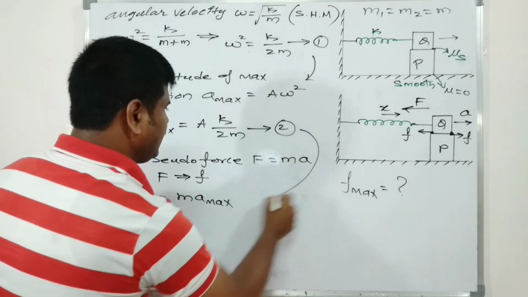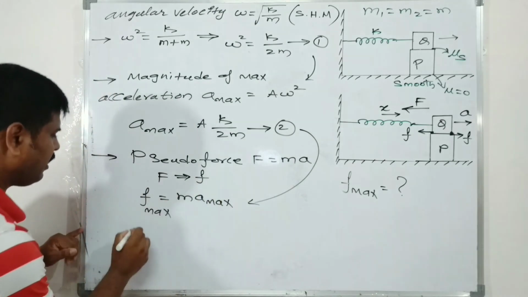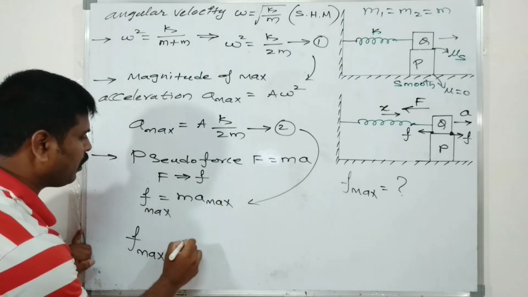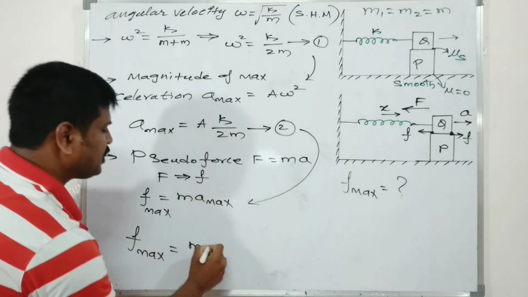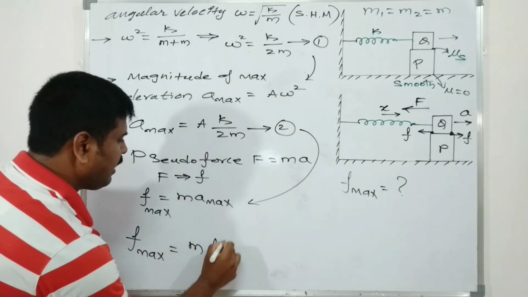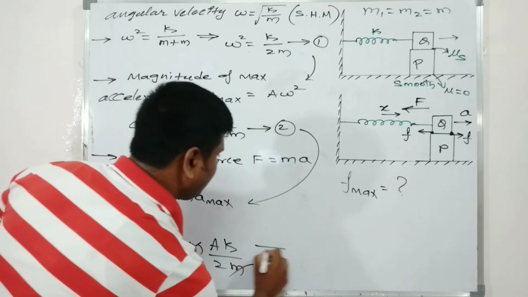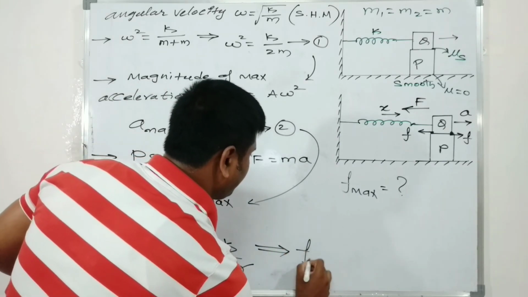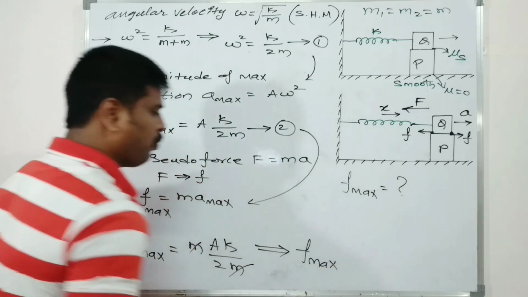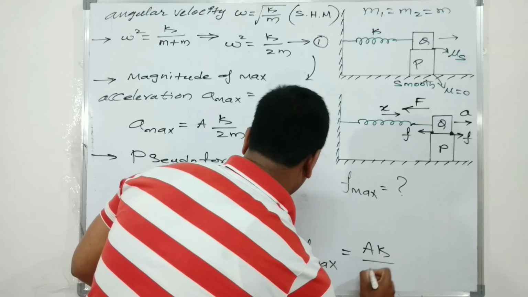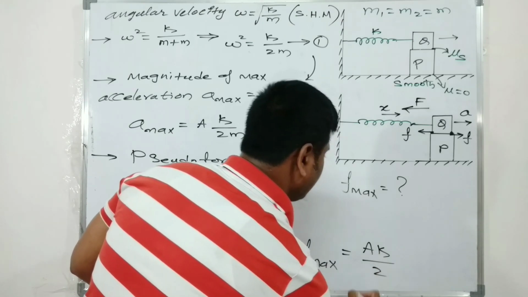Replacing with this equation, we get F max equal to m into A max, which is Ak divided by 2m, and m gets cancelled. Finally we got the maximum frictional force, which is equal to Ak divided by 2, which is the answer for the given question.